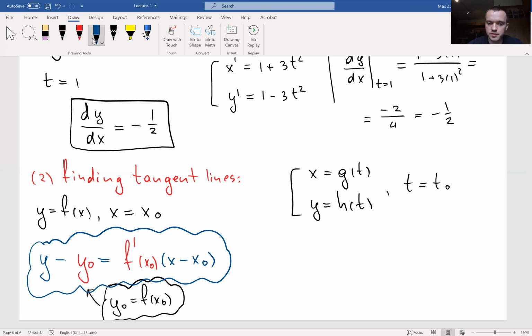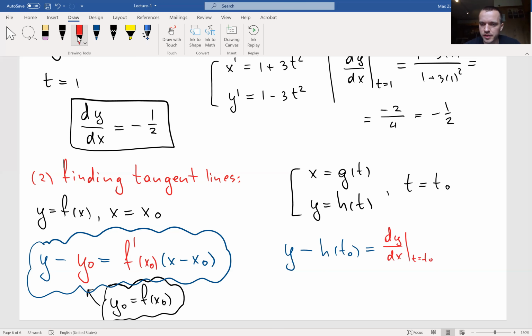Then the equation I'm going to rewrite is going to be y minus h at t naught is equal to the derivative of my function, but the derivative I'm going to indicate as dy over dx when t is equal to t naught.